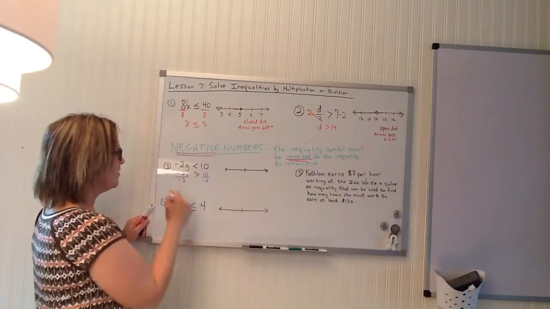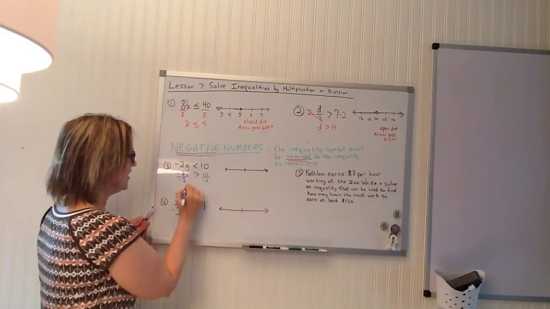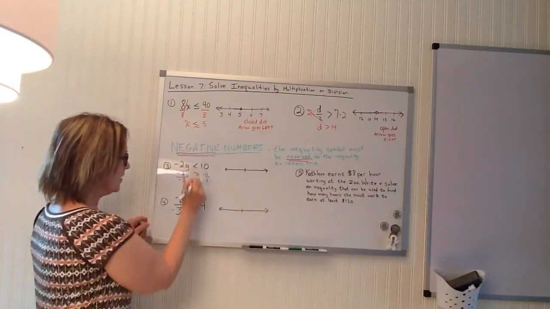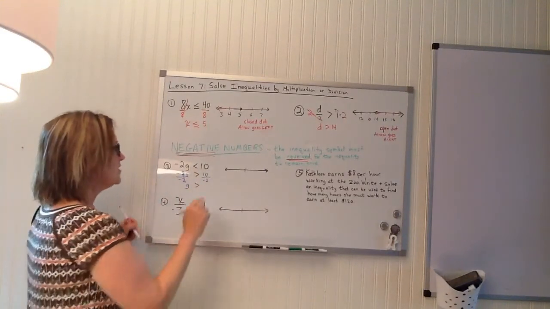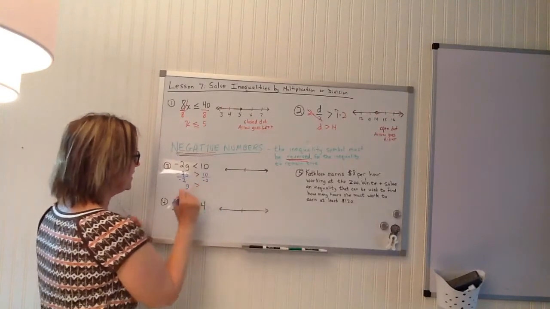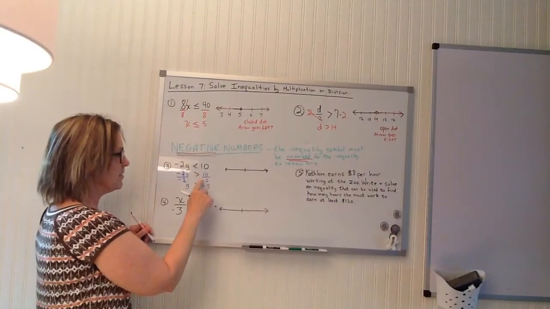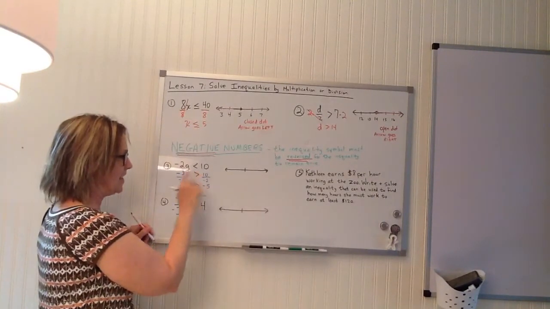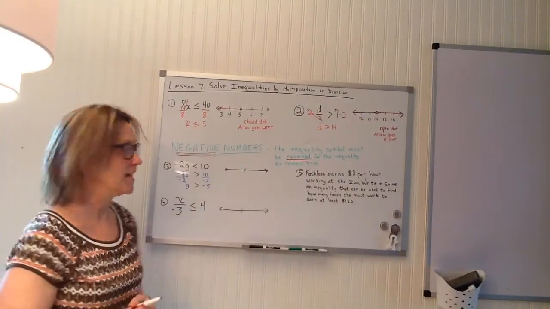Negative 2 divided by negative 2 wipes out, and we have g. And then remember my inequality was reversed. So negative 2 goes into 10 negative 5 times. So remember, a negative times a negative would give me that positive. Or in other words, 10 divided by negative 2 is negative 5.